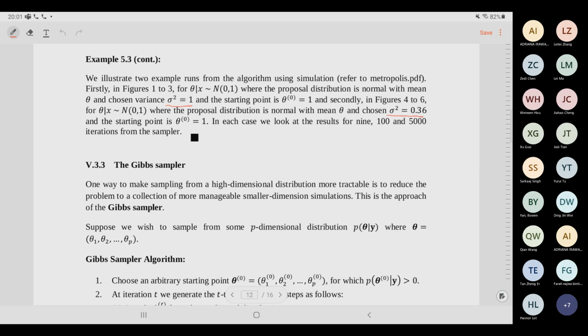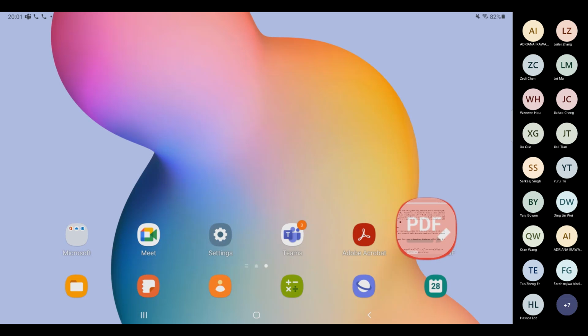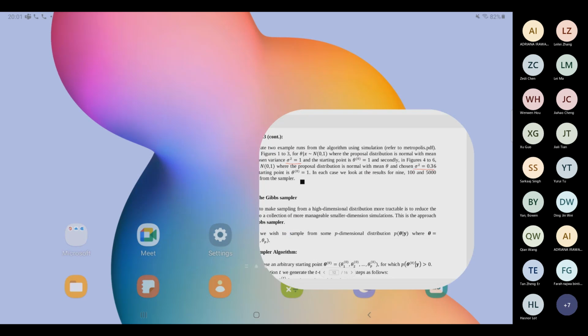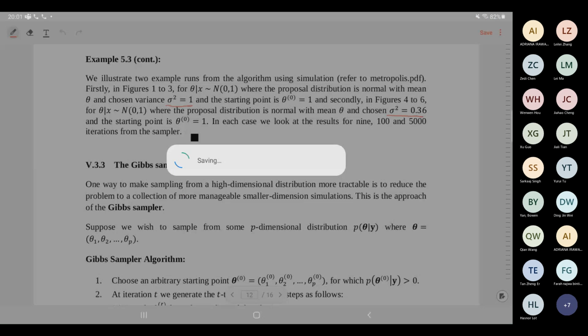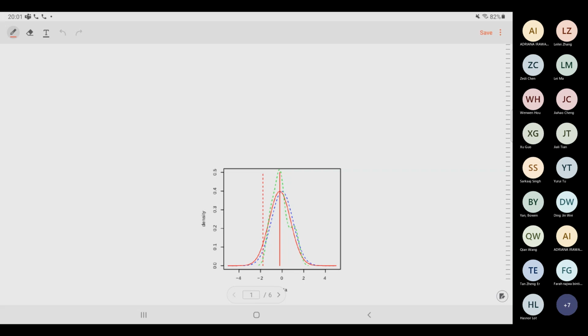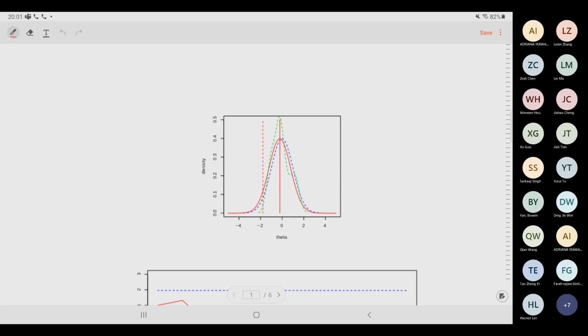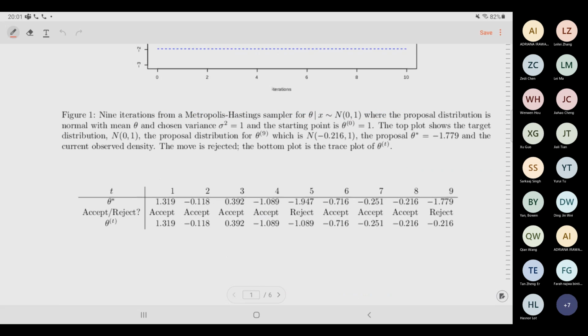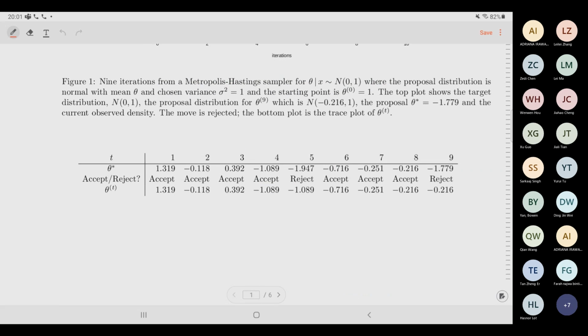Okay, right. So if we were to open the file, so you have figure 1, where you have the 9 iterations.